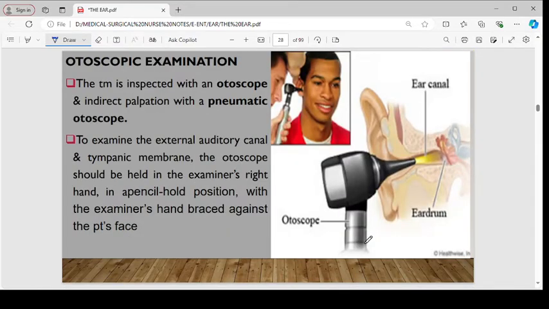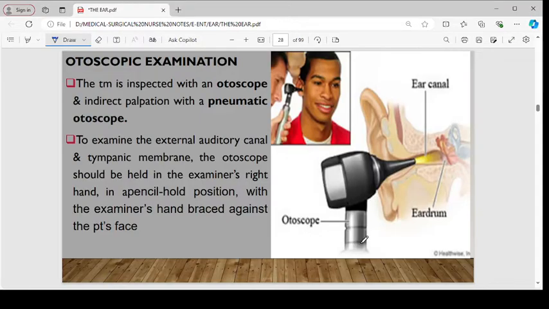We could also do otoscopic examination, where the tympanic membrane is inspected using the otoscope as we indicated earlier, or we could also do indirect palpation with a pneumatic otoscope. This is used to examine the auditory canal, the external auditory meatus, and the tympanic membrane.